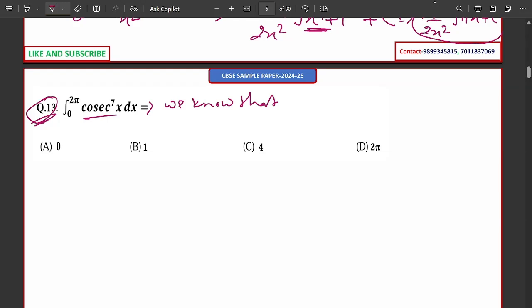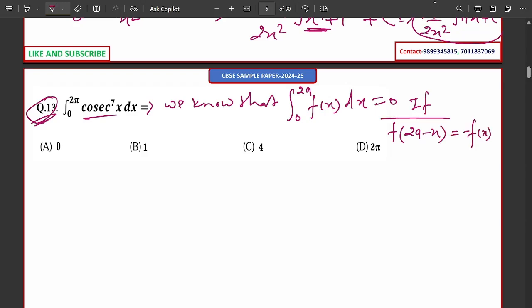We know the property: integral from 0 to 2a of f(x) dx is equal to 0, if f of 2a minus x is equal to minus f of x.